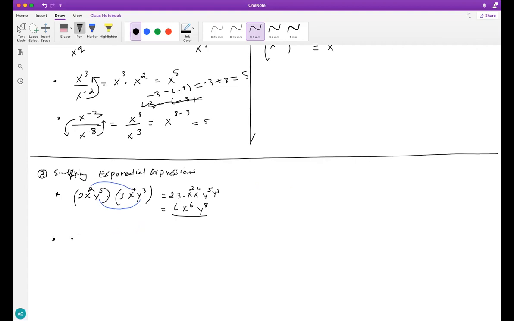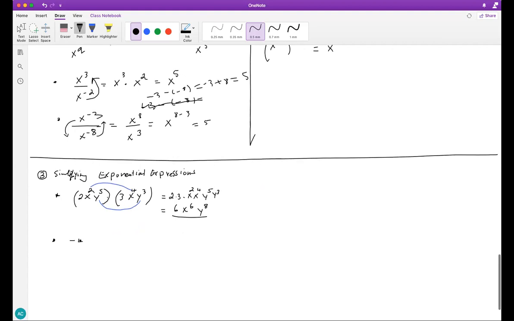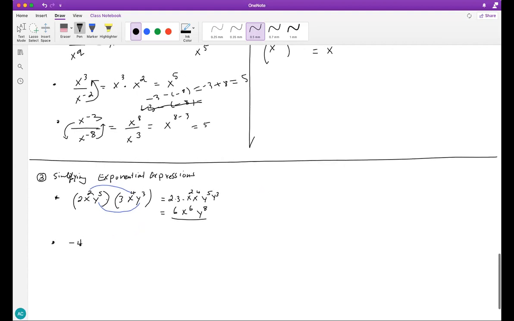Sometimes you may even have something like this. Say -4x, and we want to multiply this by 5x^3y^-1.